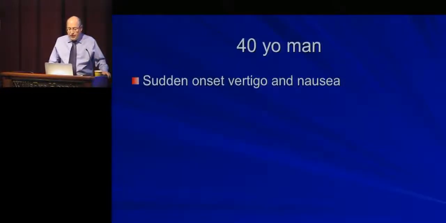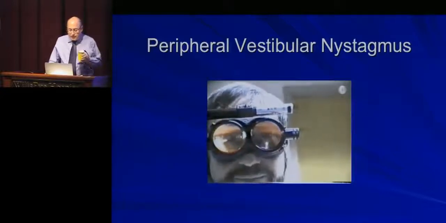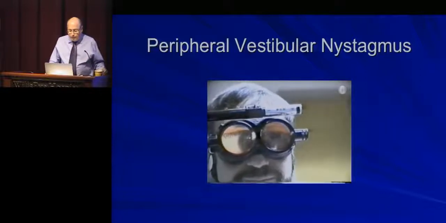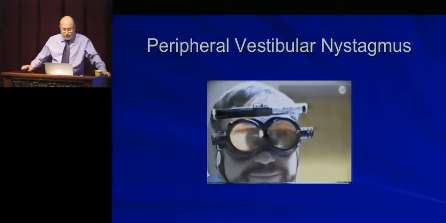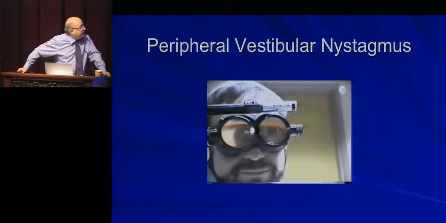So here's a 40-year-old man with sudden onset vertigo and nausea, and you'll see with the Frenzel goggles some nystagmus. You see a left-beating nystagmus, right? Beats left in left gaze.